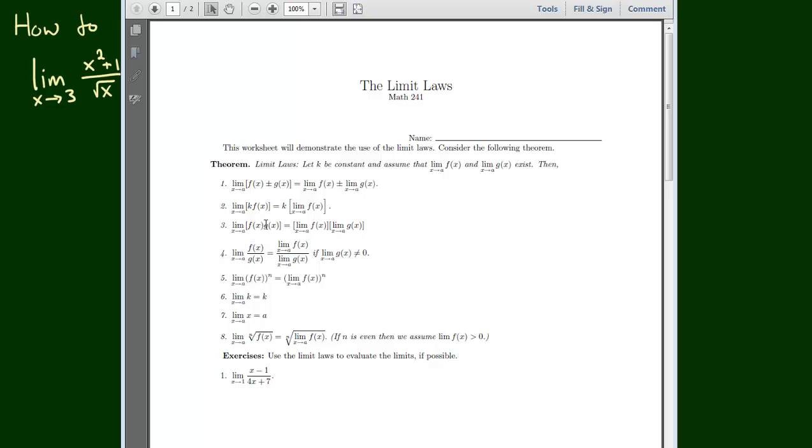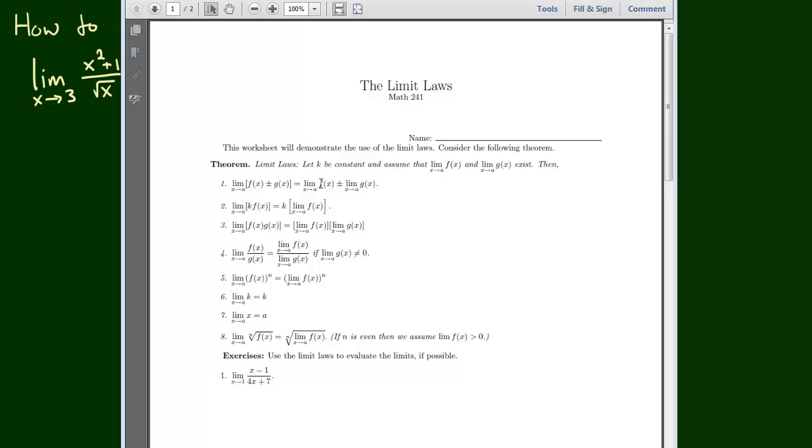So a couple of extra things to notice here. Numbers 6 and 7 are a little bit different. So you'll notice that for 1, 2, 3, 4, and 5, as well as number 8, all of these limit laws are ways of taking the limit that happens to be sitting outside of some operation like addition or subtraction, maybe multiplication, maybe a root of some kind, and moving the limit to the inside of the operation.